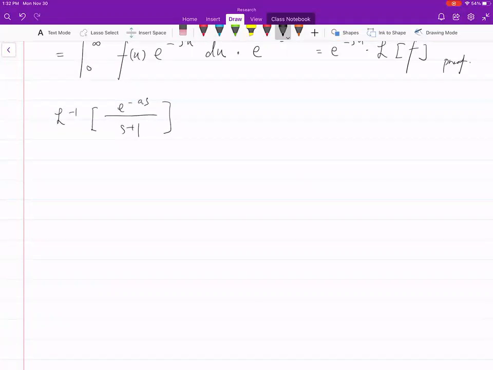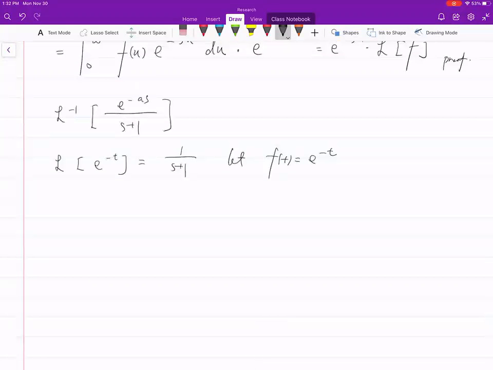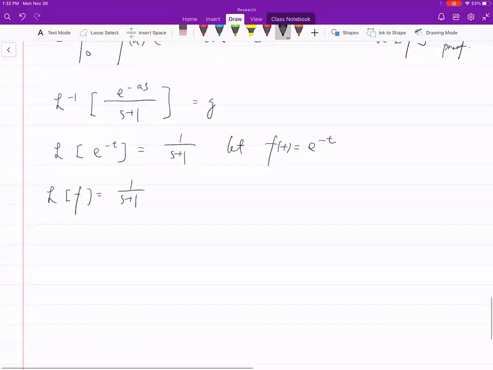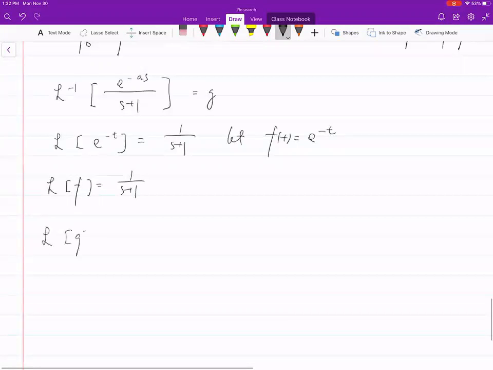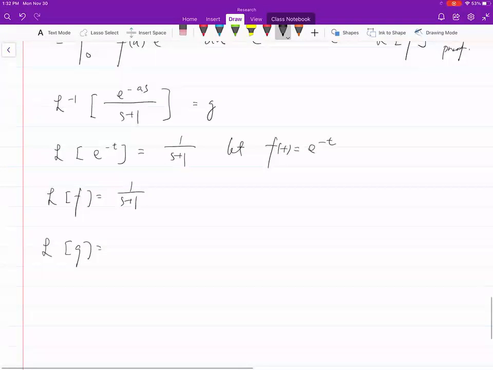What do we know? We know this. So if we let ft equals e to the negative t, then LF is going to be 1 over s plus 1. Then the function we're looking for, let's name it g. Then LG is nothing but e to the negative 3s times LF.